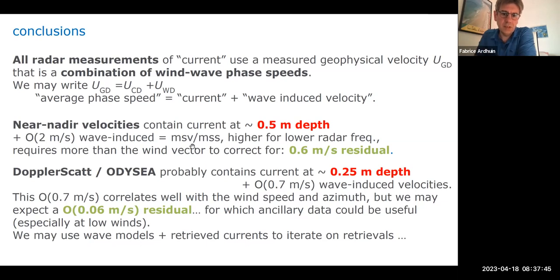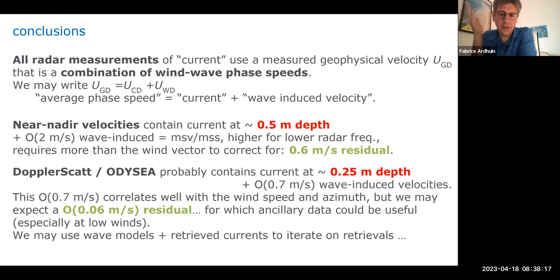Typically, if you only have wind measurements to correct for that, essentially you're trying to correlate this mean slope velocity or Stokes drift to the wind, and that will end up with a residual error of around 0.5 meter per second. So you need more than just the wind to correct for that. Ideally, you would like to have a full wave spectrum down to wavelengths of about 30 meters or so. In practice, you're very often constrained by measurement issues.